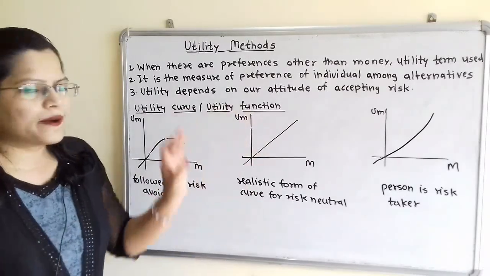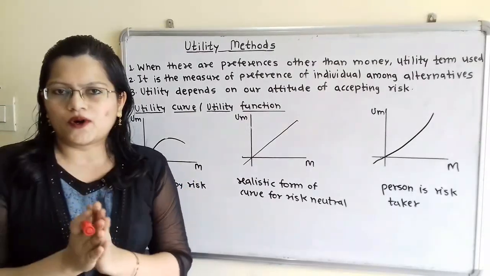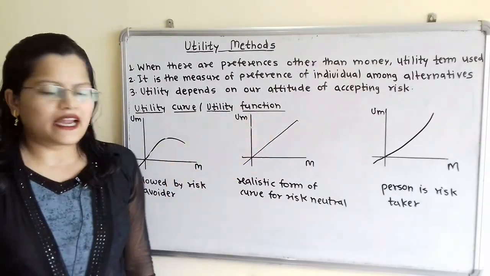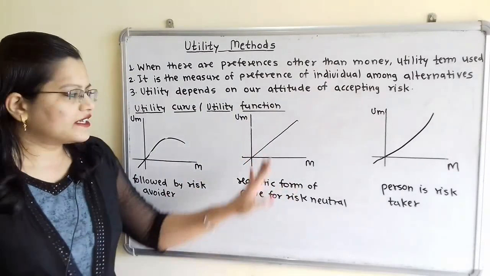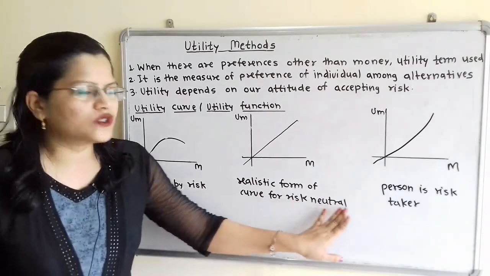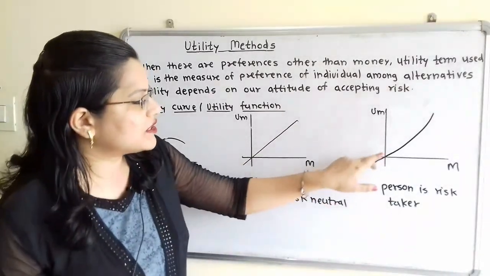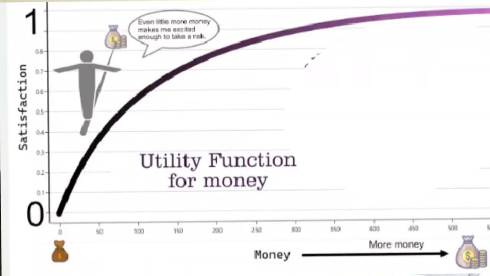So when a person thinks that every rupee is equally important, then the curve is followed by that person, and this is the realistic form of curve, and it is followed by a risk neutral person. Then this is the third type of curve, the slope increases as the money value increases. So this curve is followed by a person who is a risk taker.